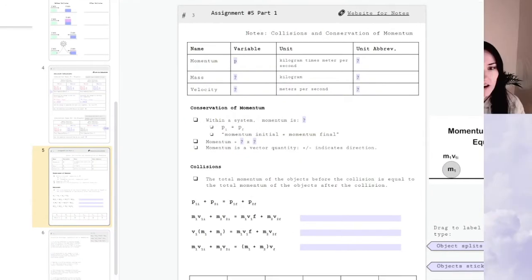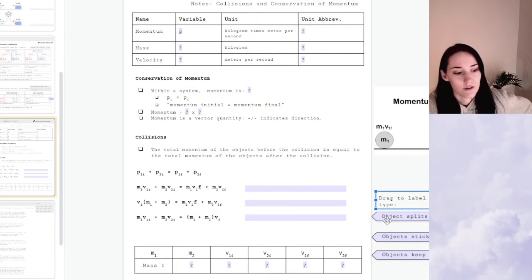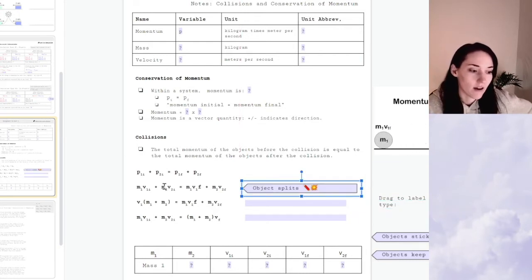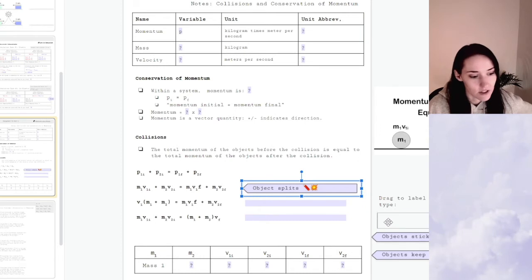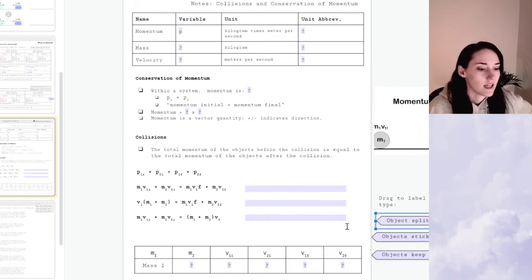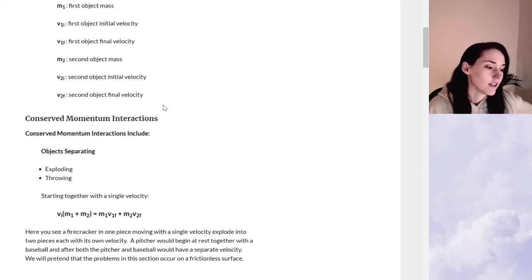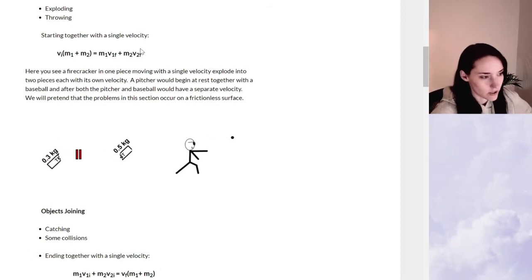And then, on the sides, you'll see it says drag to label, and you'll just click on the image and then drag here. So we have a few different equations, and each one can be used for a different set of collisions or explosions, and as you read, you'll see the different types of problems have different types of equations.